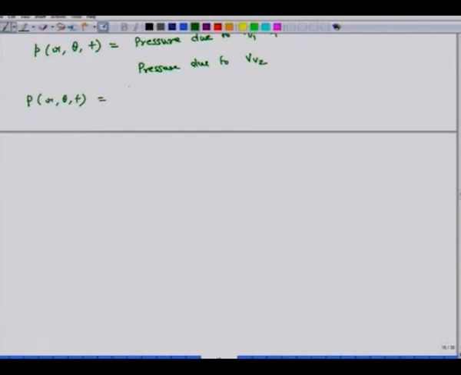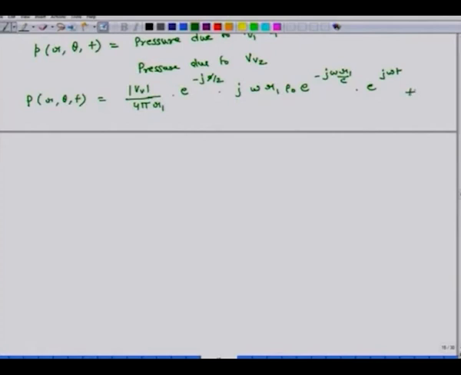So, this is essentially VV divided by 4 pi R1 times e to the minus j phi over 2 times j omega rho naught e to the minus j omega R1 over c times e to the j omega t.